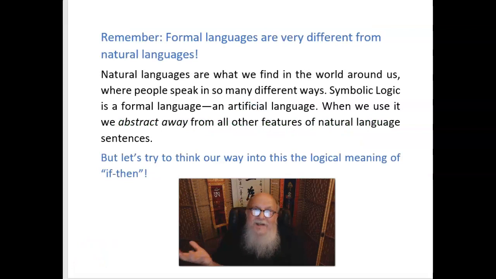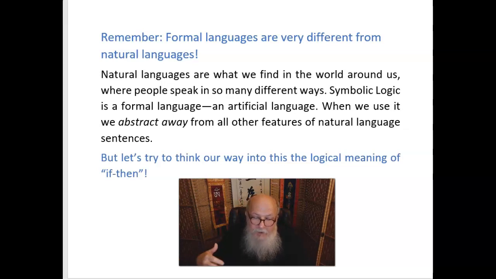Remember, words in English or German or Sanskrit can have many different senses, different shades of meaning. This is true for if-then in natural languages, which can be taken to express things as different as cause and effect relations. Like we said, if the jet stream shifts, then the weather will change. Policy and consequence: if the taxes are raised, then there will be a recession, and so forth.